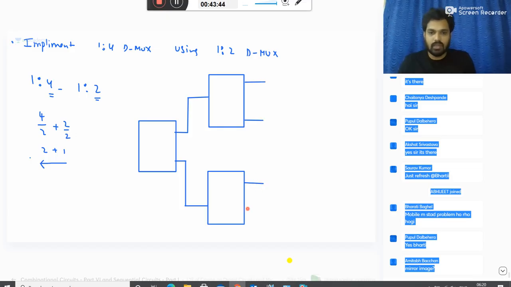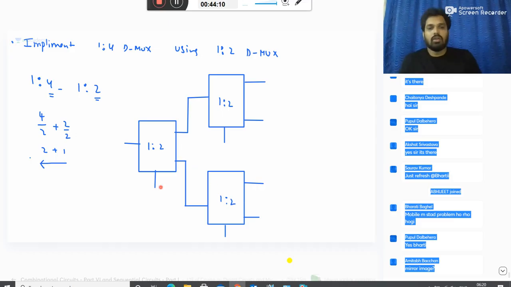Yes, a mirror image you can see. It is 1 by 2, 1 by 2, 1 by 2.